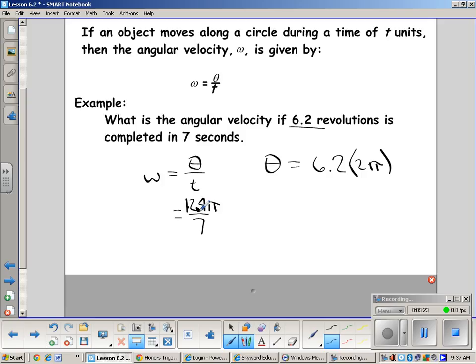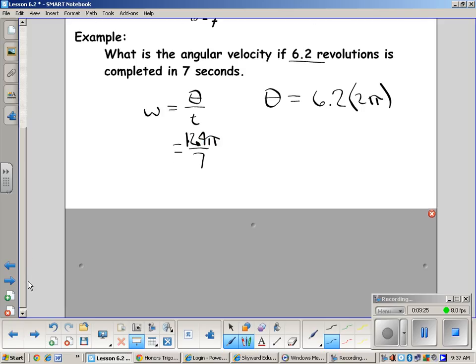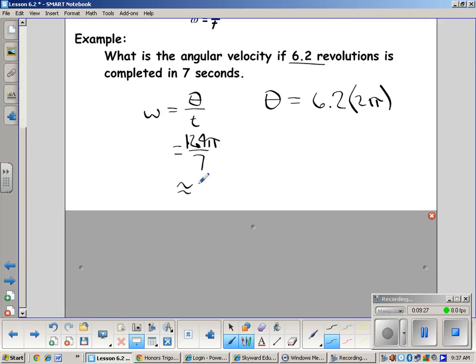Okay, so what do we get if we round that to the 10th? 5.6. 5.6 radians per second. That would be my angular velocity. Okay?